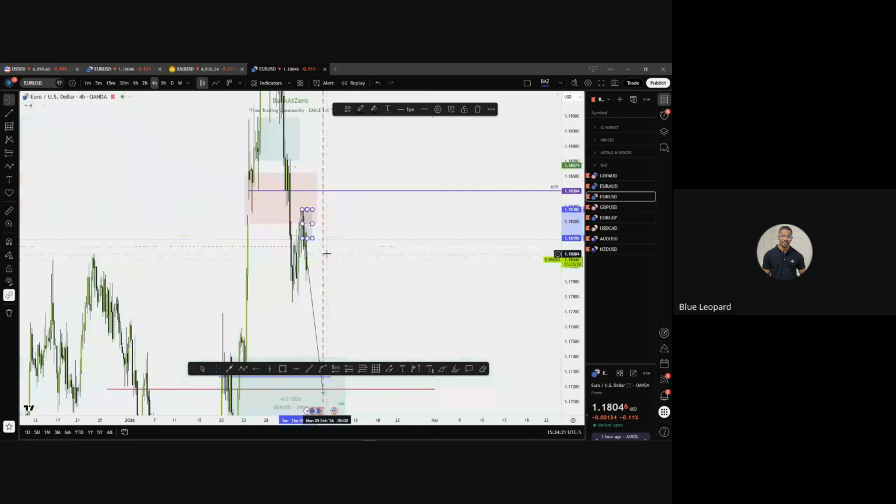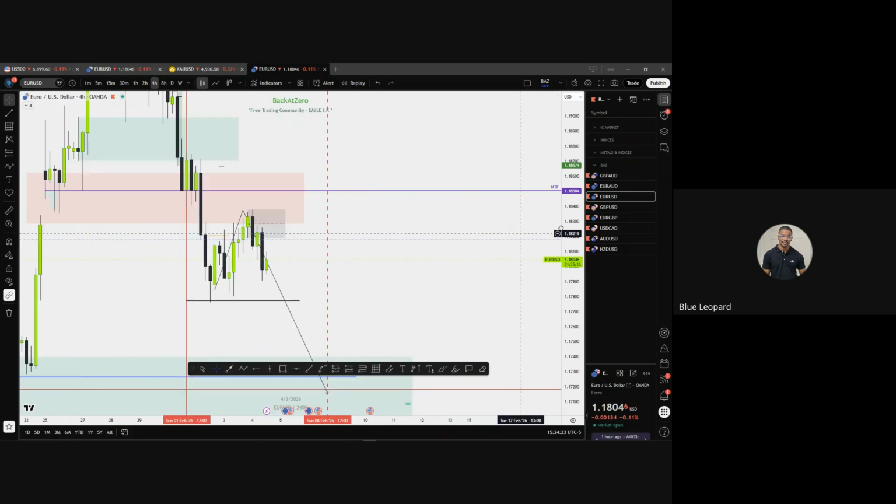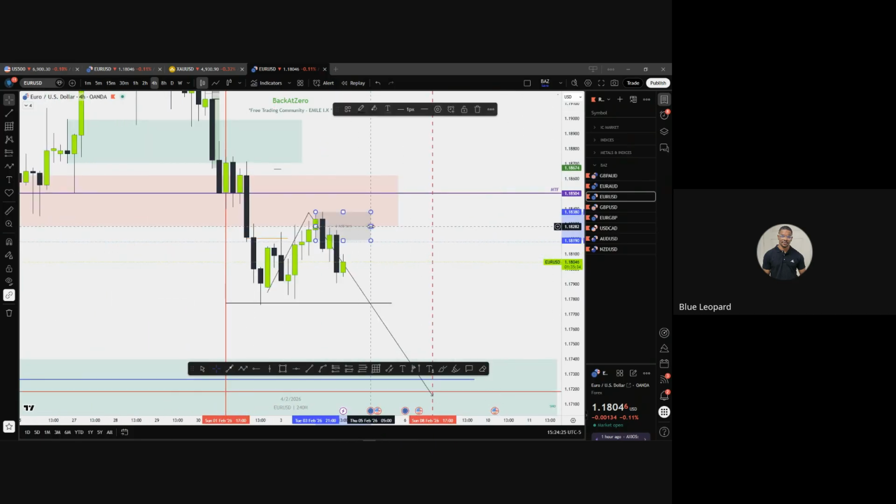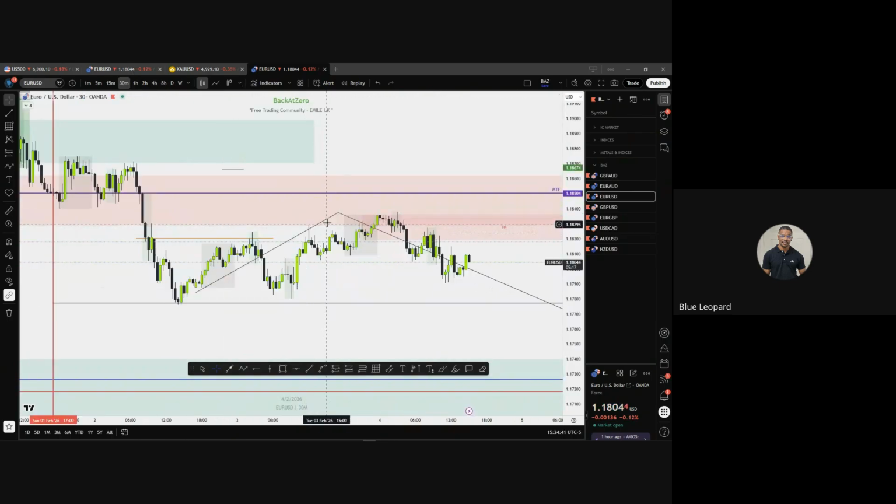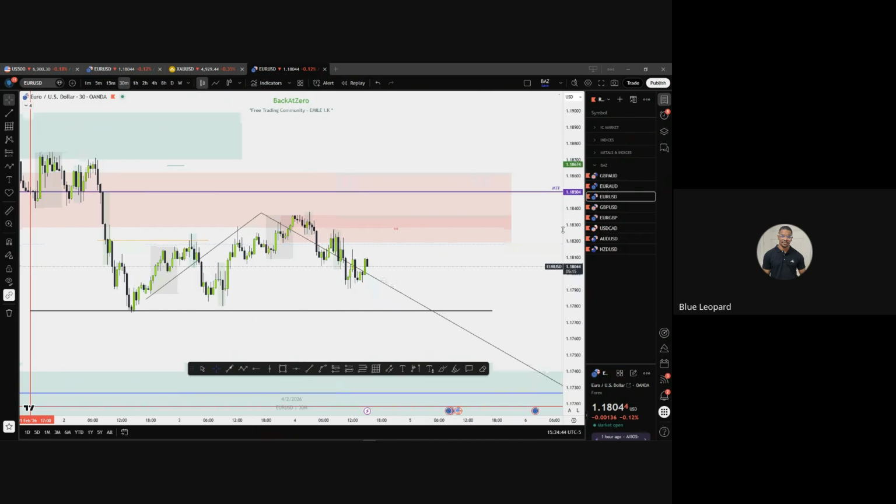The H4 that we had, let me show you. The H4 that we have, it's an H4 sell. We have it here. It's an engulfing. You can see it's an engulfing, right? This is an engulfing. So price came out and then pulled back inside. We went on M30. M30 gave us something here.